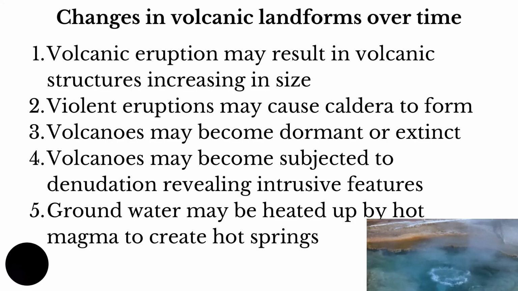Another change that may take place with volcanic landforms is that the volcanoes, particularly those that are extinct, may become subjected to different processes of denudation, such as erosion or weathering or mass wasting. And this may cause the intrusive landforms created inside of the earth to be exposed on the surface.